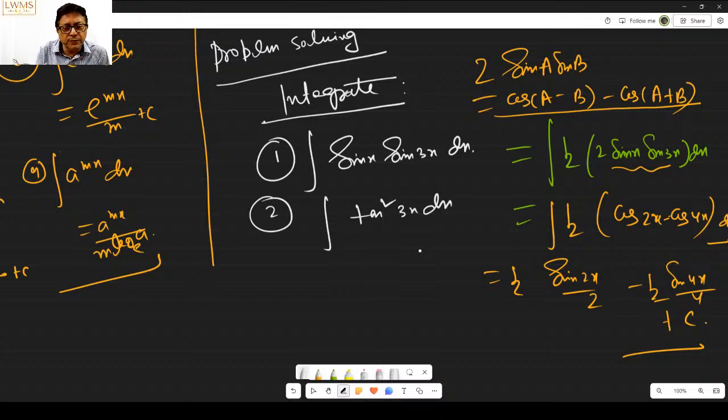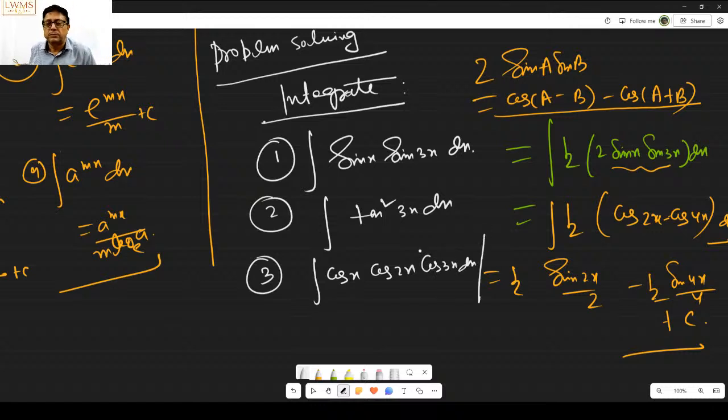Bringing a few more for you. Cos x, cos 2x, cos 3x. Check whether these sums can be done by ordinary formula. Obviously, it is modified.